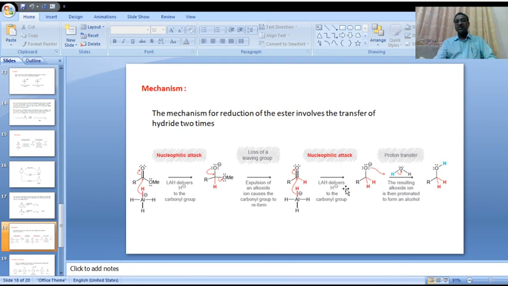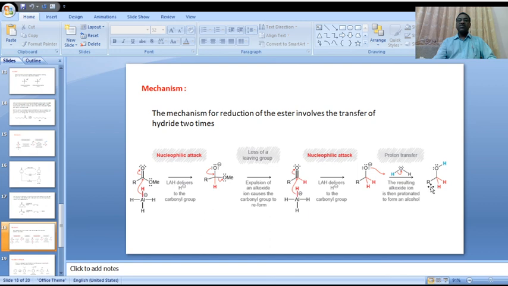Okay, in the same reaction, that O minus abstracts hydrogen from the water molecule. This is the proton transfer step. The resulting alkoxide ion is then protonated to form an alcohol.